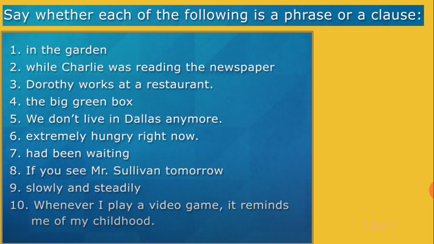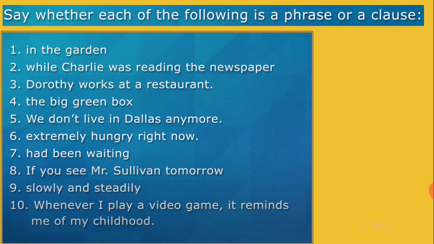Likewise, you just check. Dorothy works at a restaurant. The big green box. We don't live in Dallas anymore. Extremely hungry right now. Had been waiting. If you see Mr. Sullivan tomorrow. Slowly and steadily. Whenever I play a video game, it reminds me of my childhood.